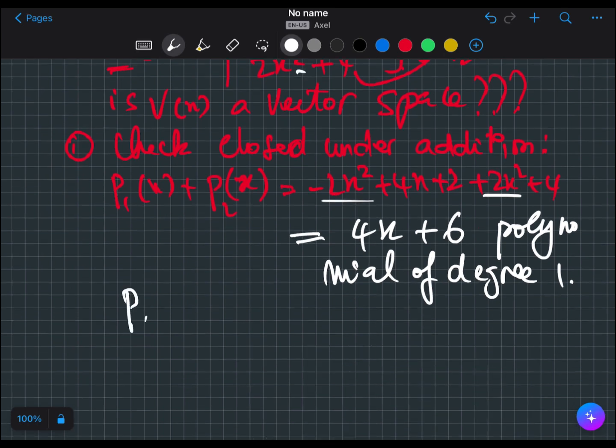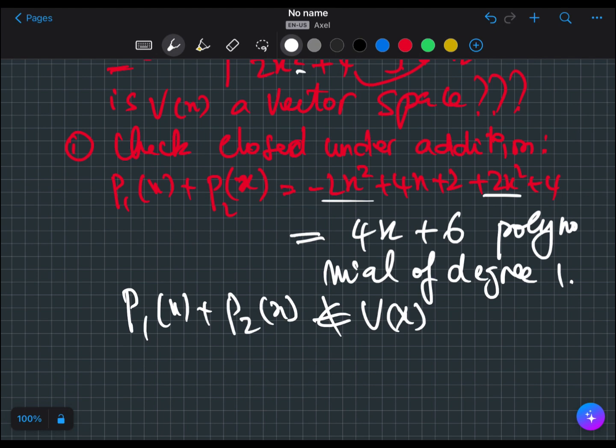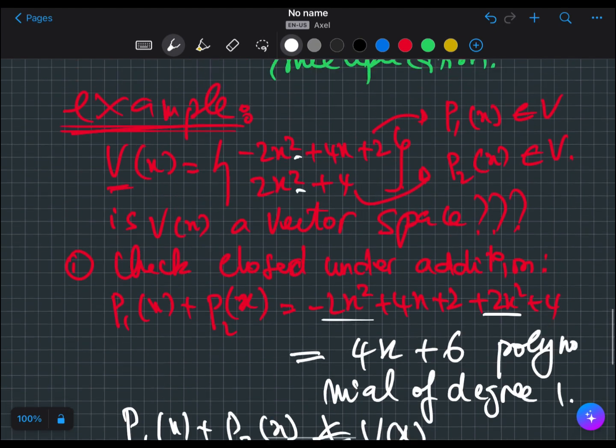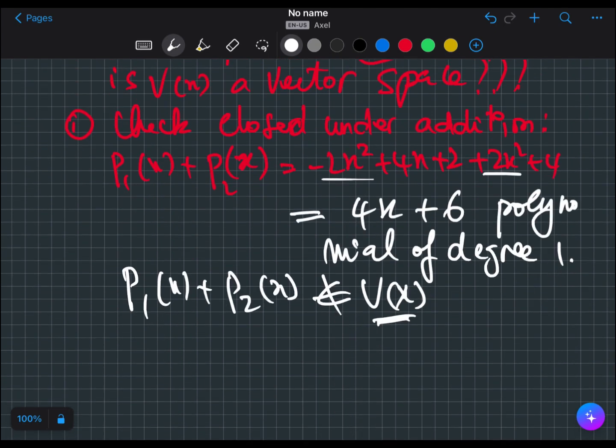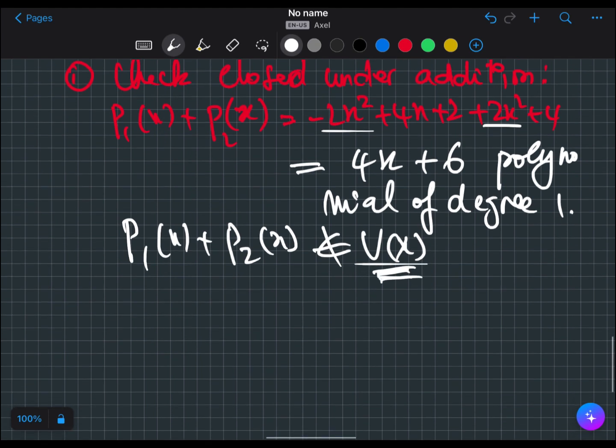It means that P1(x) plus P2(x) does not belong to V, because V is a set of polynomials of degree 2, and P1 plus P2 is a polynomial of degree 1, therefore it's not an element of V. Therefore we say that V is not closed under addition.